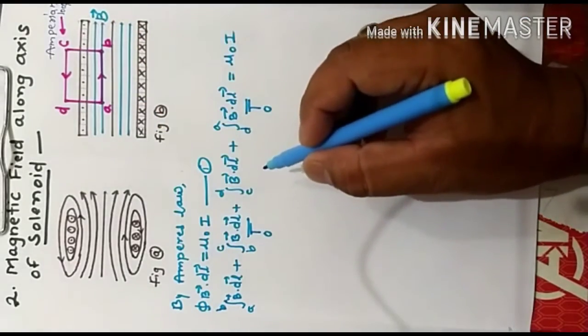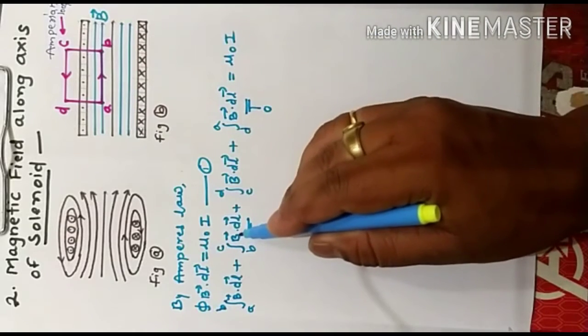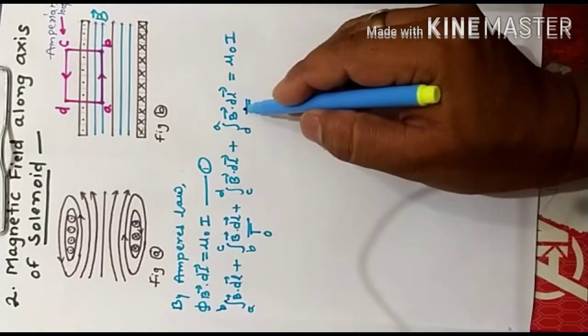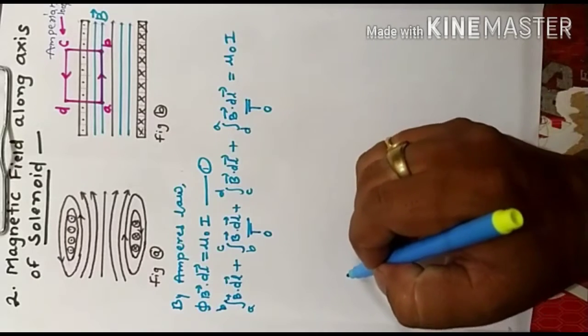Cos 90 is equal to 0, and therefore these two terms of the integration will become 0.